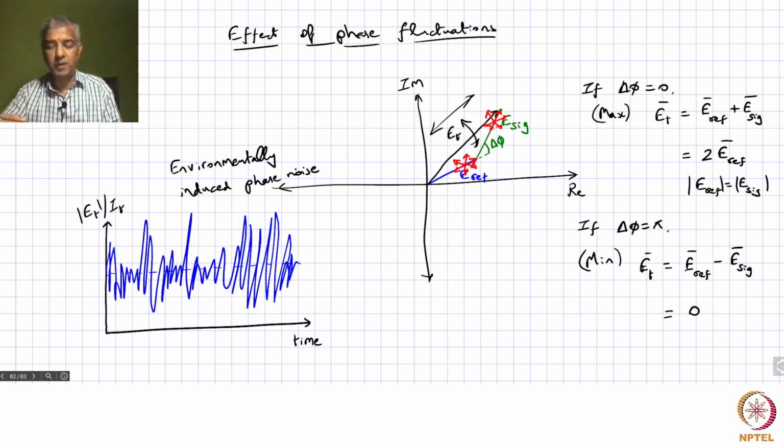But we will handle this, and then we will go on to look at what it means to deal with the source itself. The source itself has some phase uncertainty. How do you deal with that? Okay, so let's look at this first. How do we deal with this first before we go to the source related phase noise?